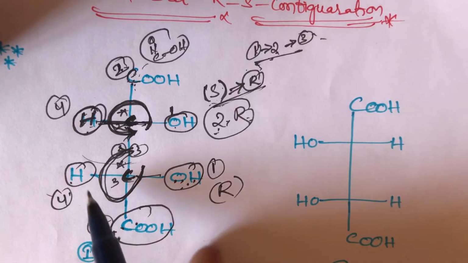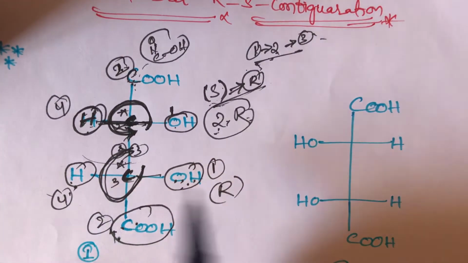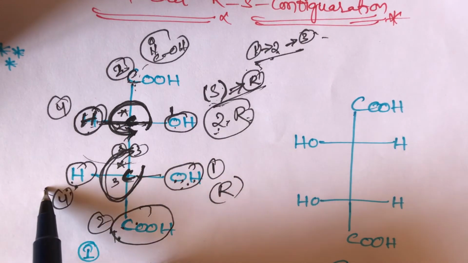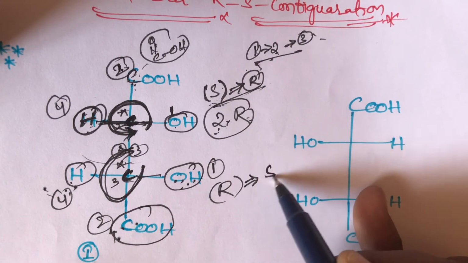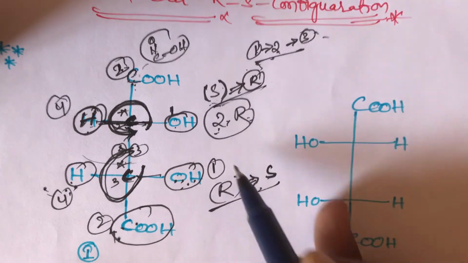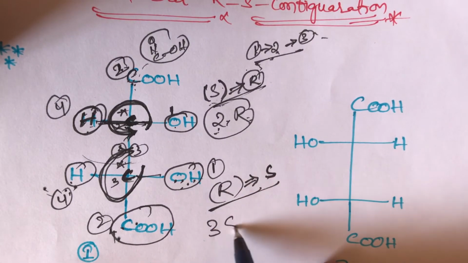But the least priority group is present on the horizontal line, so R configuration becomes S. So this is 3S configuration.